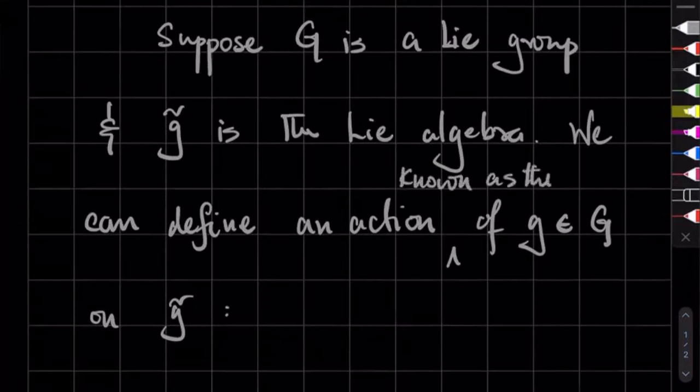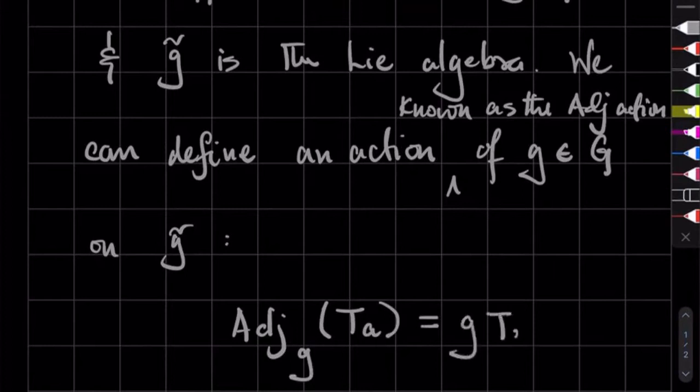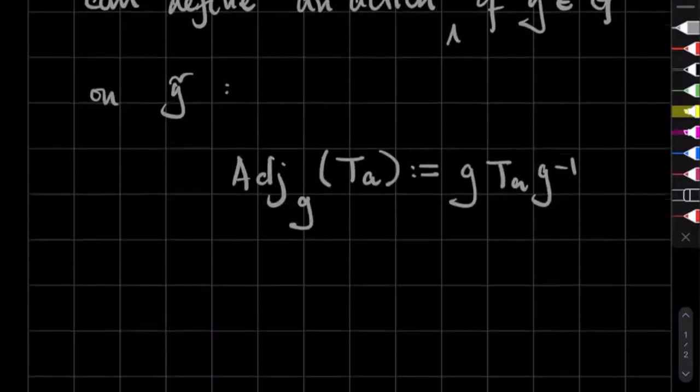The way we define it is that the adjoint action of the group element G on a Lie algebra element, say T_A, is given by G T_A G inverse. So it's conjugation. Okay, so this is a definition.